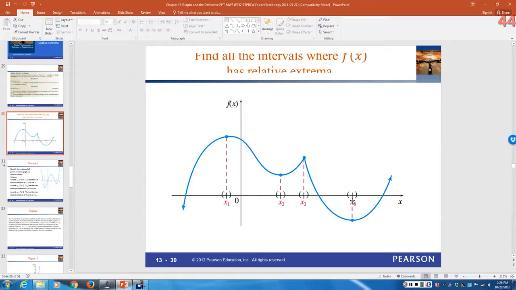In fact, the slope of that function went from being positive, increasing, to negative, decreasing. But are we going to be able to find a derivative at x sub 3? Is the derivative defined at x sub 3? Why not? Why is there not a derivative of this function at x sub 3? It's a single sharp point. A single sharp point. It's not a smooth curve.